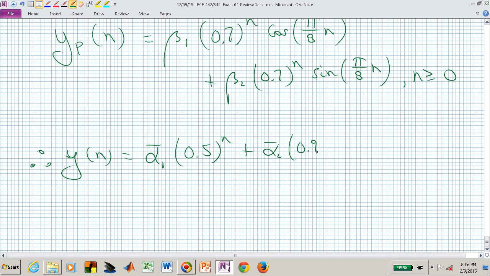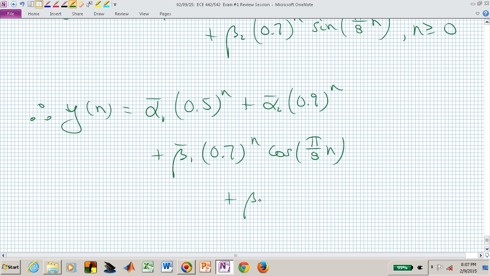Notice that's not the same alpha that I had before, because there I was just looking at the homogeneous. Now I have a forced solution plus a beta 1 bar, 0.7 to the n, cosine pi over 8 n, plus a beta 2 bar, 0.7 to the n, sine pi over 8 n.